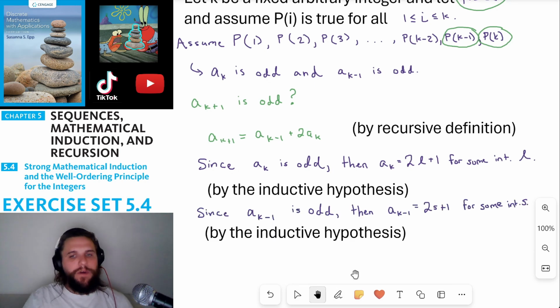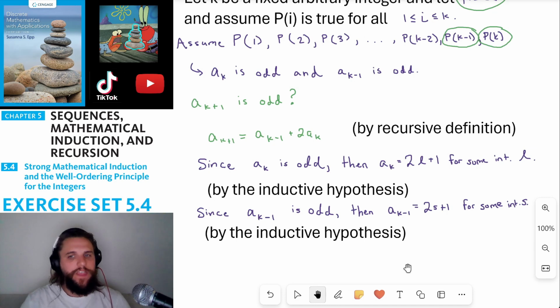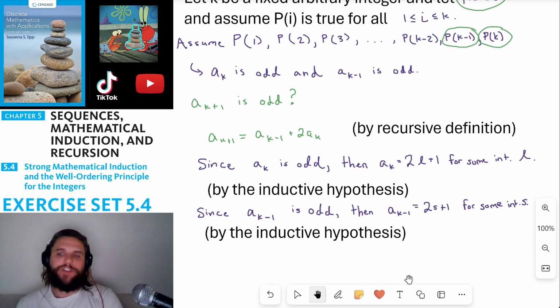We can make the same claim about a sub k minus 1 being odd, and we'll say that a sub k minus 1 equals 2 times S plus 1 for some integer S. We're using a different letter here just so that we ensure that a sub k minus 1 and a sub k aren't necessarily the same numbers. They might be different odd numbers.